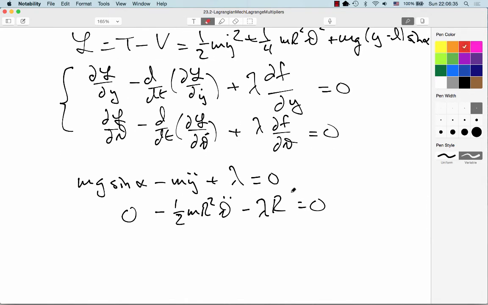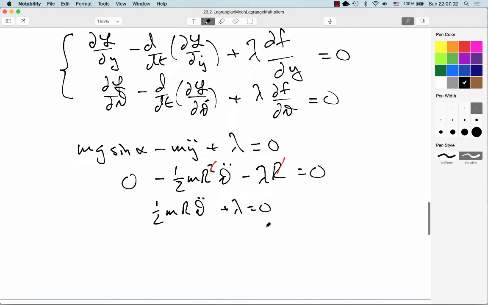All right. So for what it's worth, we can divide both sides through by an r to kind of make it go away a bit. And so I do get, let's see, yeah, we can rewrite this just a little bit as 1/2 m r theta double dot plus lambda equals 0.